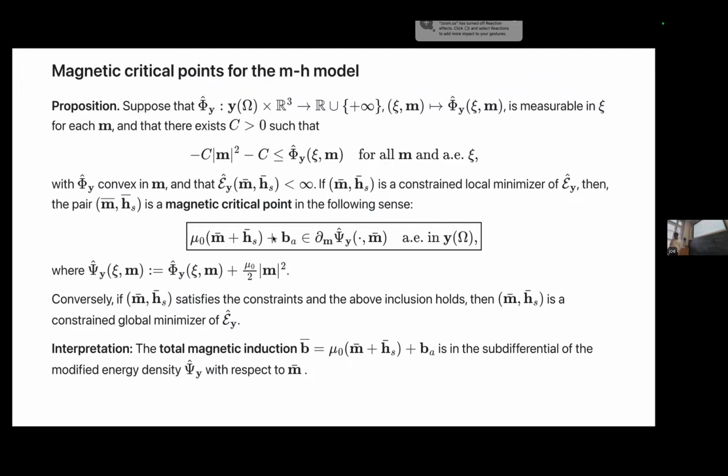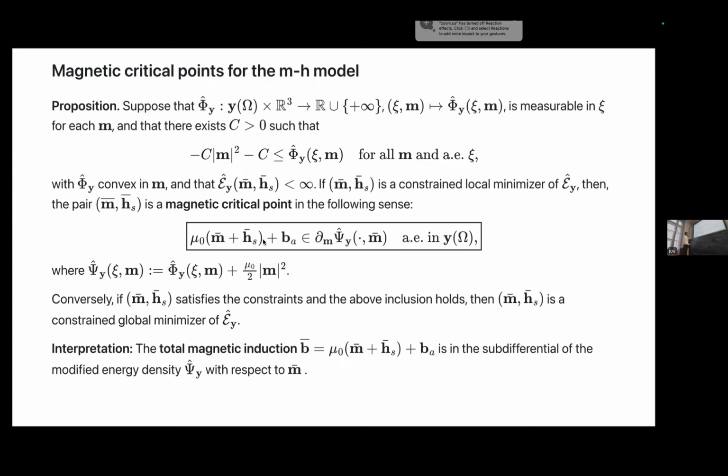Okay, so by the way, this Euler-Lagrange equation can be interpreted as a sort of constitutive equation, because I remind you that this object here is mu naught m plus hs plus ha, which is equal to mu naught m plus h.